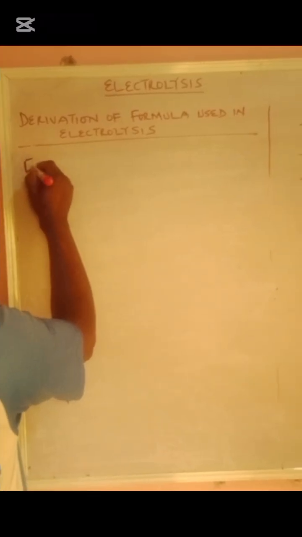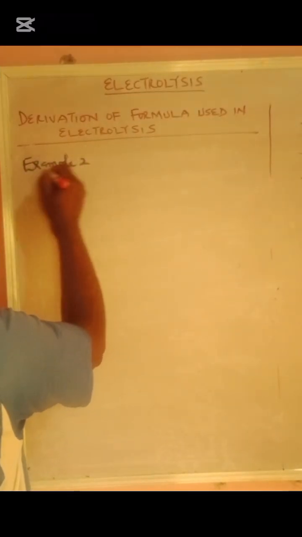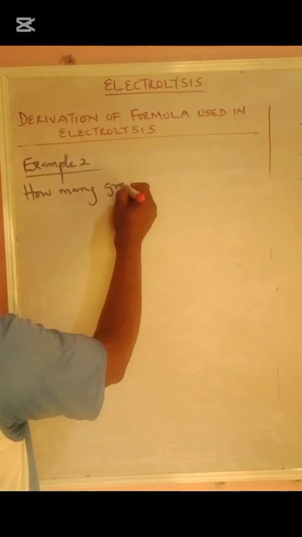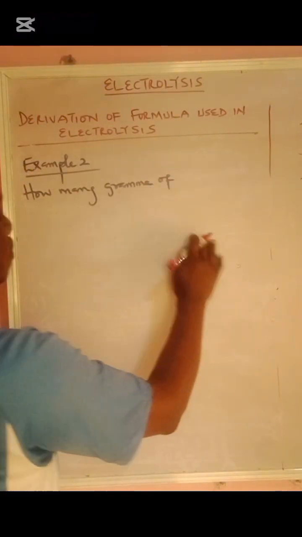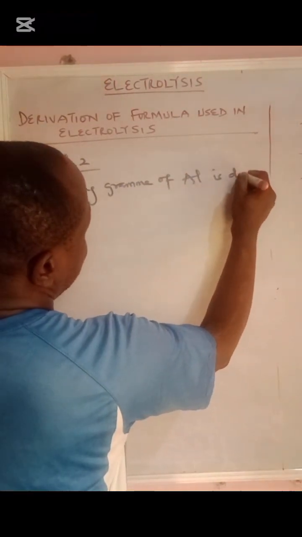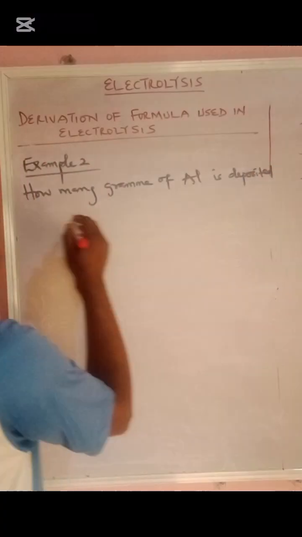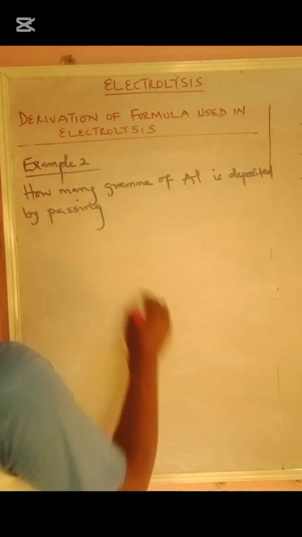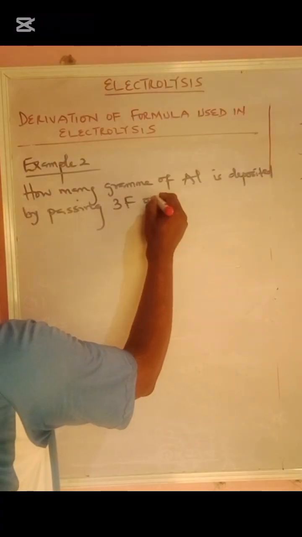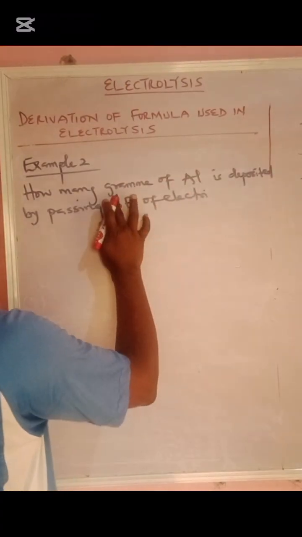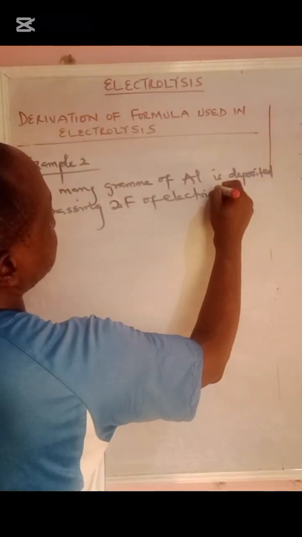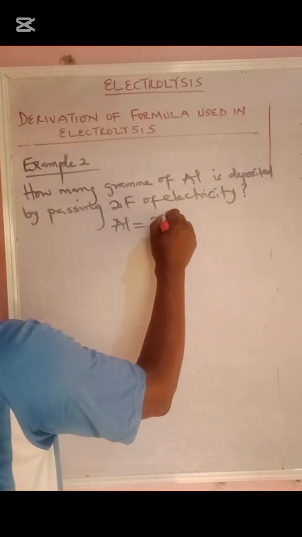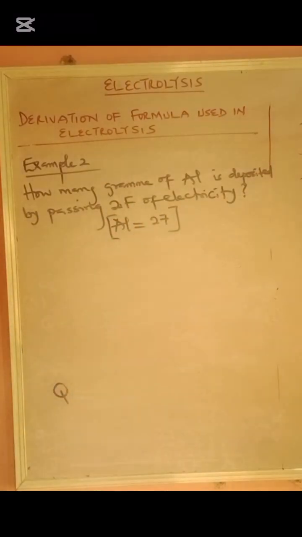So let's see example 2. How many grams of aluminium are deposited by passing 2 Faraday of electricity? Aluminium is still given as 27, that's the mass number.